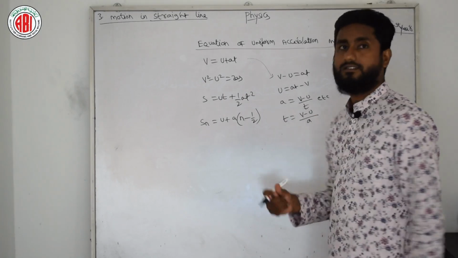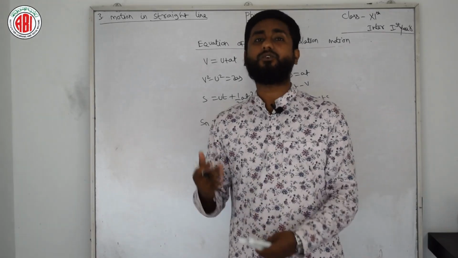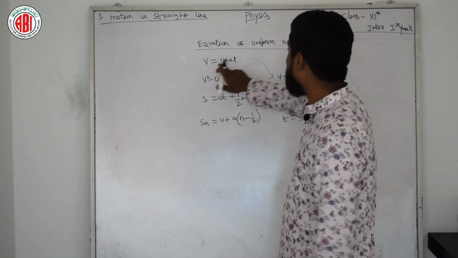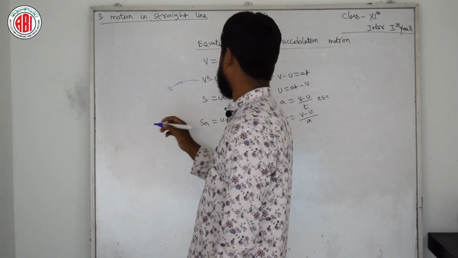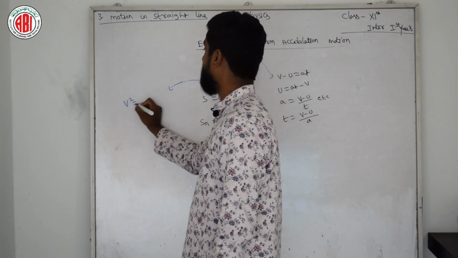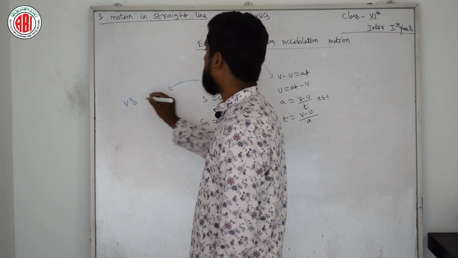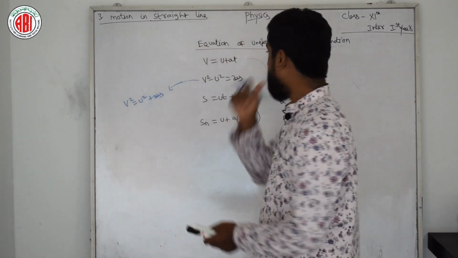So you can see, all students and viewers, from the first equation I derived 4 more equations, so I got 5 equations in total. Like this I can change the other equation into different forms also. I can write v² = u² + 2as if I want only v.